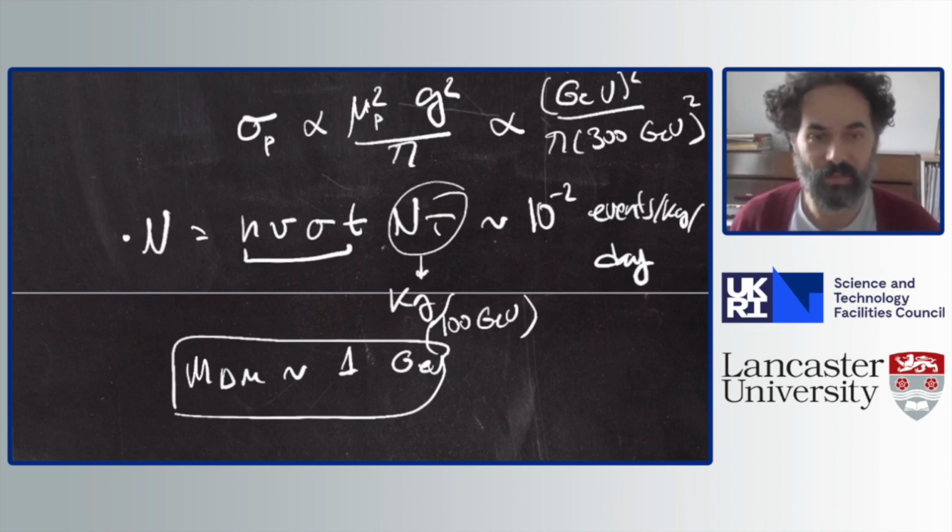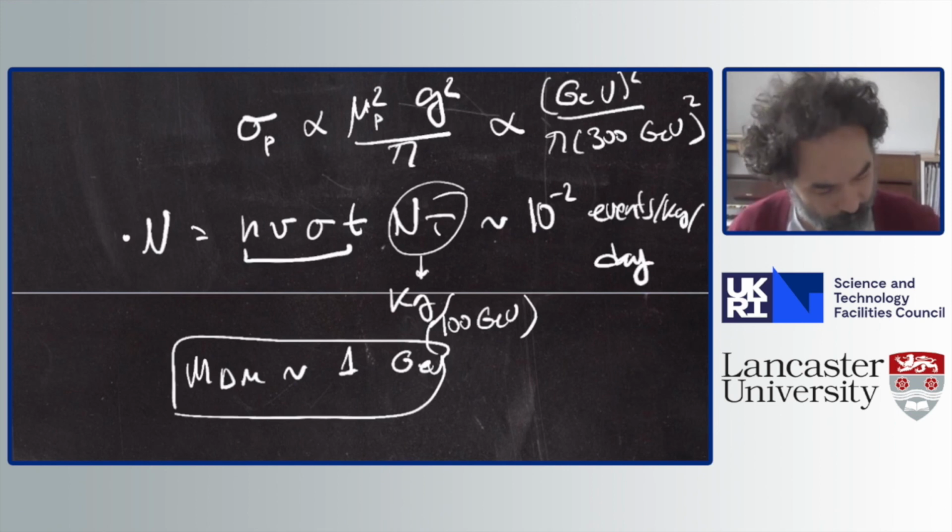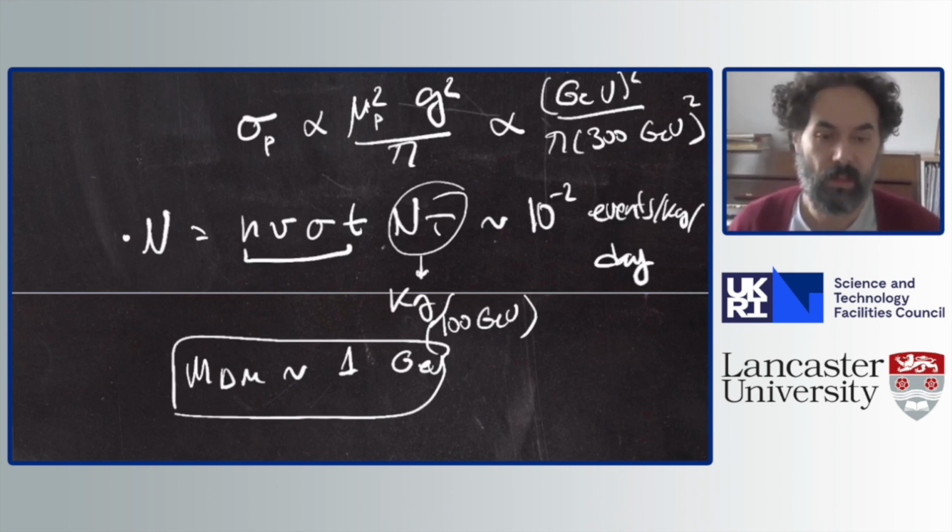So that's why people are very excited about this possibility for the WIMP paradigm. We're going to stop here, and we'll continue in the next lesson with a totally different paradigm of dark matter. Thank you.